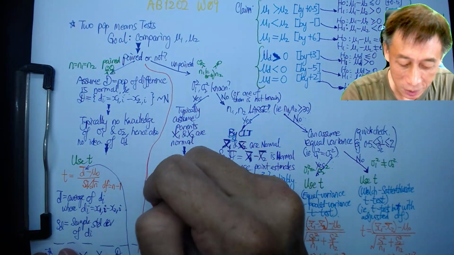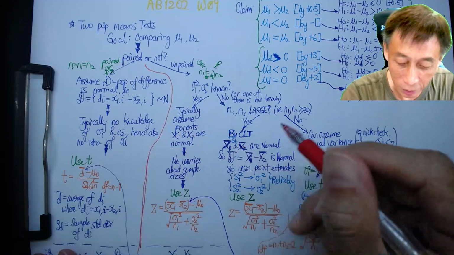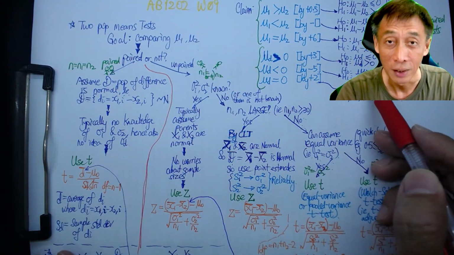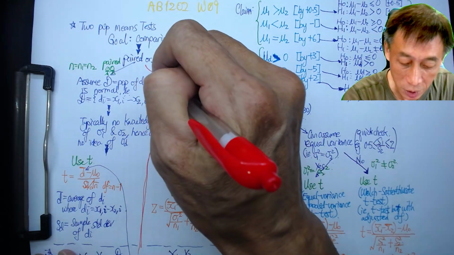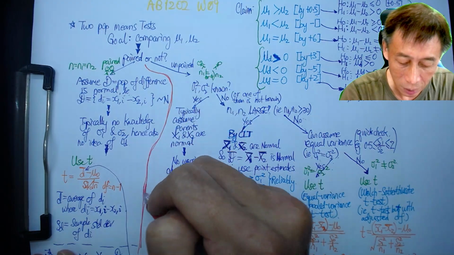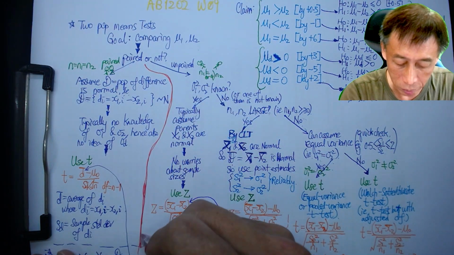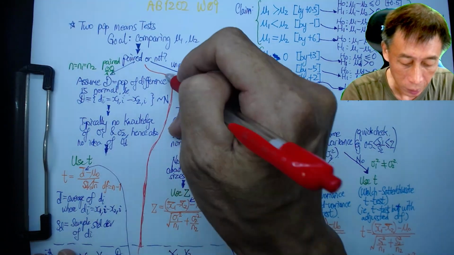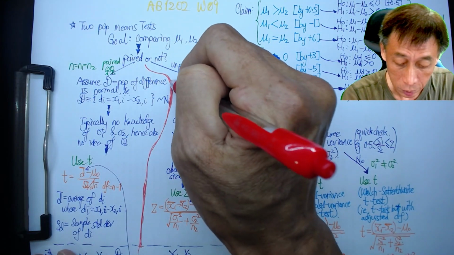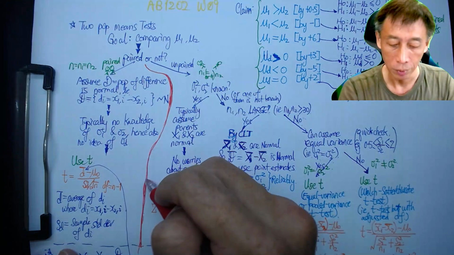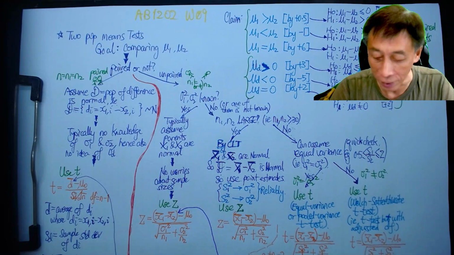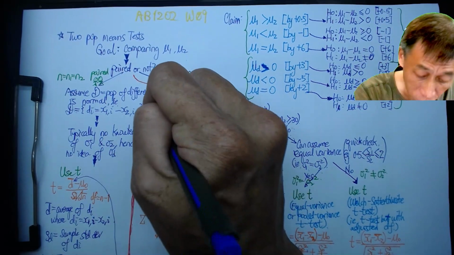Then what happens was that they simply write this mu D less than 0, right? Something like that. So this would be a bit weird because the hypothesis doesn't match the test statistic. So of course the student will lose marks along the way. So please don't do that. If you are a student studying through this video, you at least now have been told the obvious wrong methods that most students have done before you.